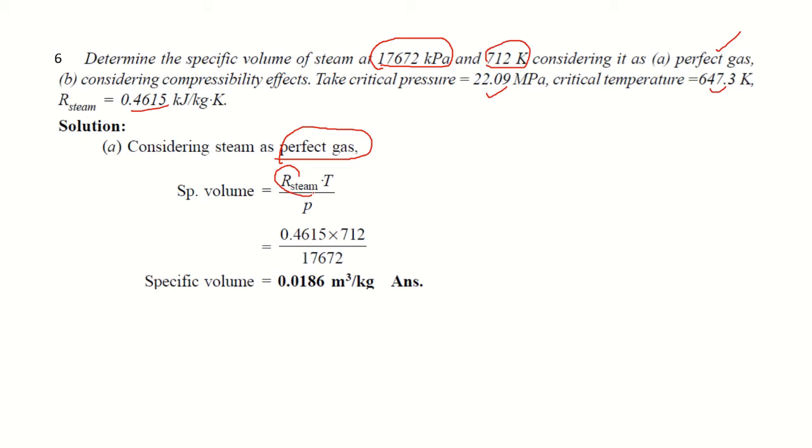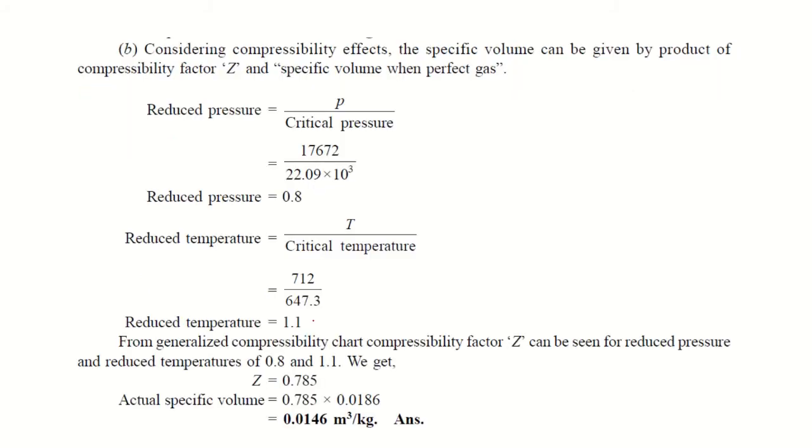R for steam you have to find out. R steam is the universal gas constant divided by its molecular weight. You do this, you will get R steam. Temperature is given, pressure is given, so you will get the specific volume. Now for the compressibility chart, you know actual pressure by critical pressure, so you get the reduced pressure.